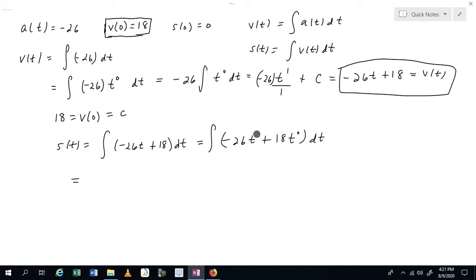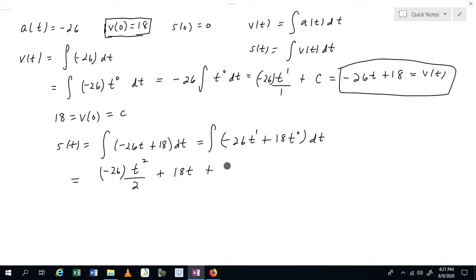So let's apply it here. You add 1 to this exponent and you get t squared, and then you divide by 2, and that gets multiplied by the constant. For this one, you add 1 to the exponent, you get t to the first, and then you divide by 1, so you just get t times 18.